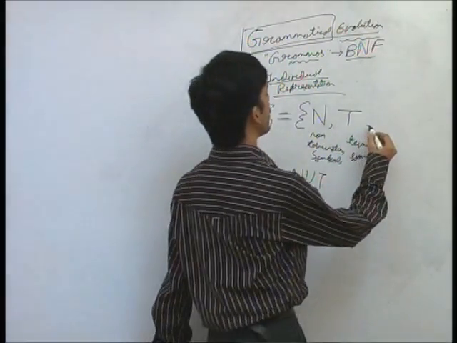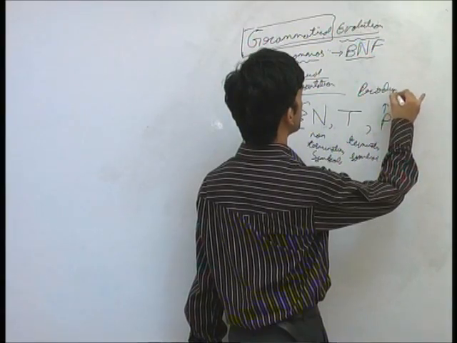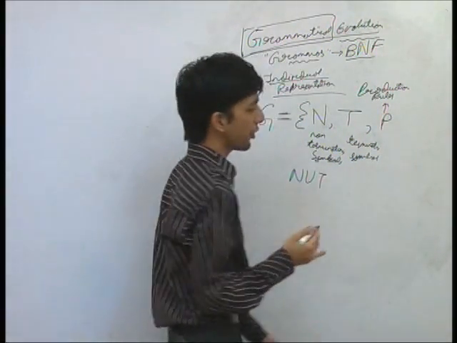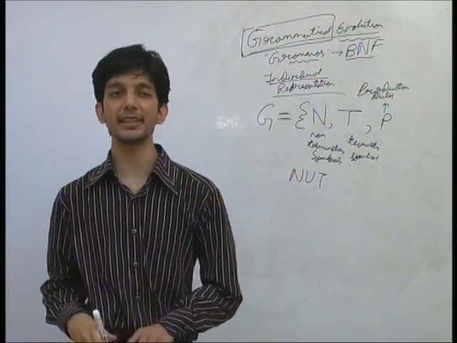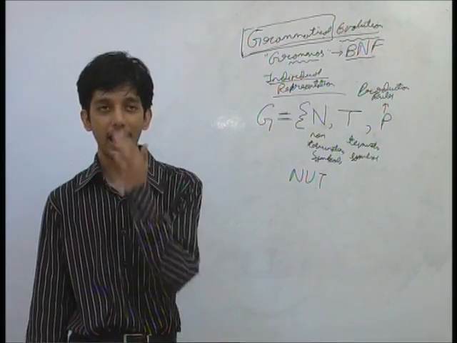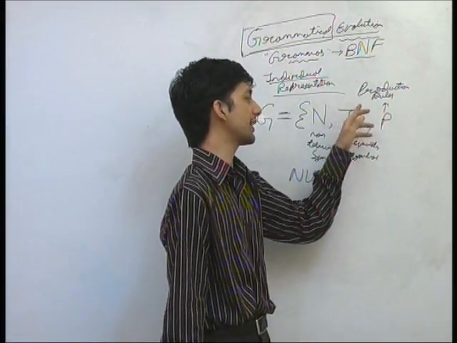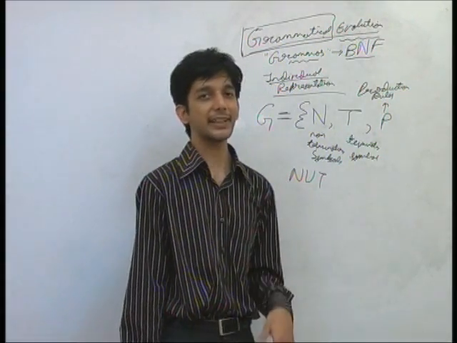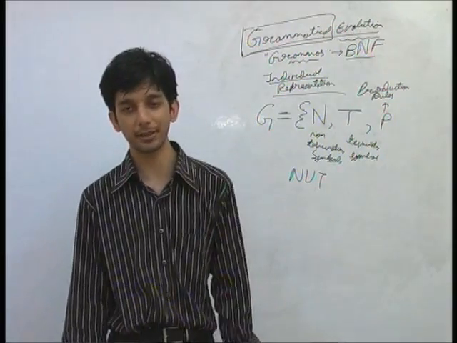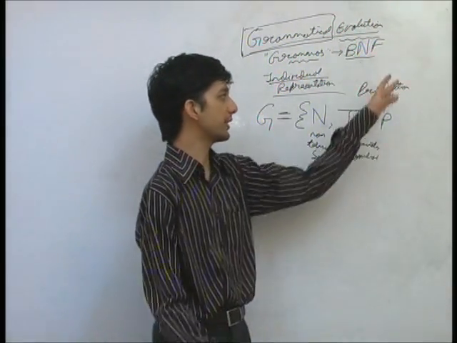I have operations known as production rules, P, that carry forward the conversion of non-terminating symbols into a set of terminating symbols. They might additionally convert the non-terminating symbols into more number of non-terminating symbols, into less number of terminating symbols, anything based on these rules.